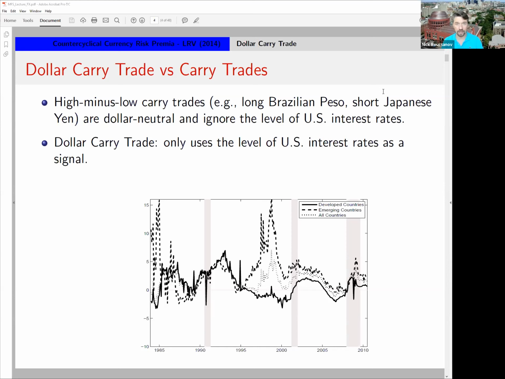When the dollar interest rate or U.S. interest rate is low relative to the foreign currency interest rate, you buy foreign currency, you short the dollar.